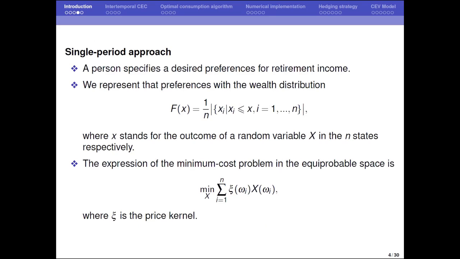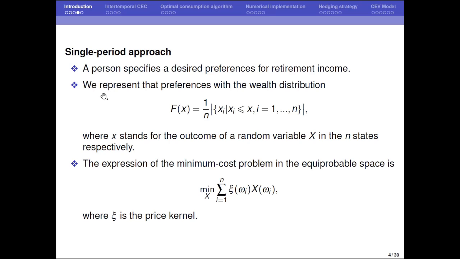Okay, the math behind this is that, in a one single period approach, a person through the distribution builder specifies the desired preference for his or her retirement income.